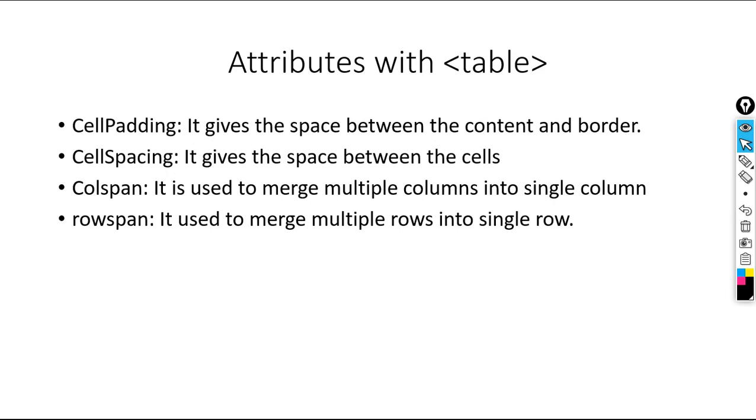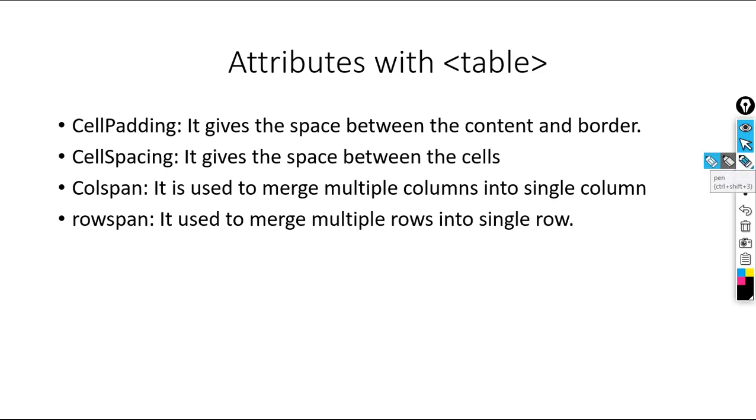I understand you may not understand these things at present: what is cell padding, cell spacing, colspan, rowspan, because we are not doing it practically. But don't worry, because when we use all these attributes practically, you will have a crystal clear understanding. Just for understanding purposes you need to know what is what.